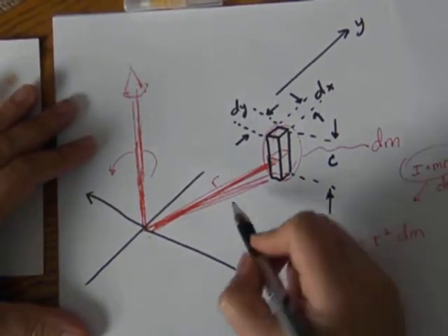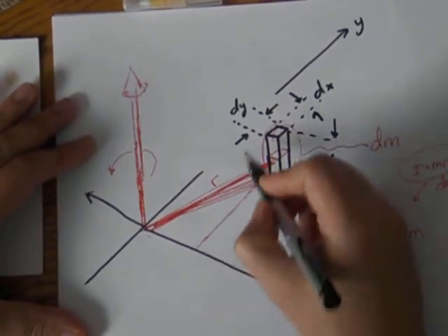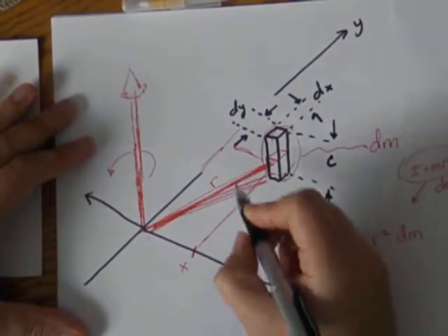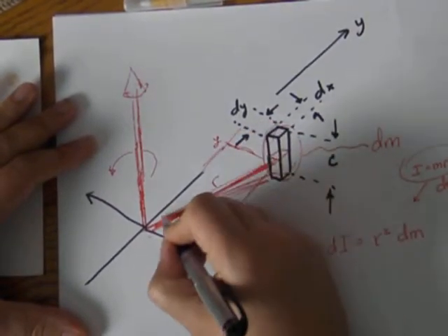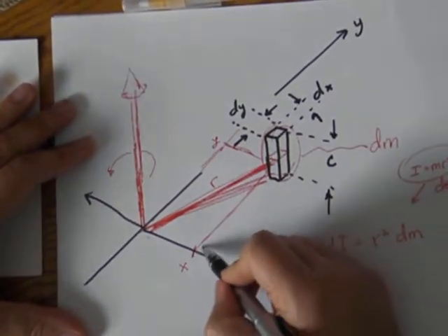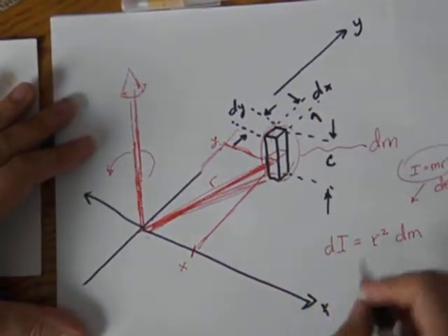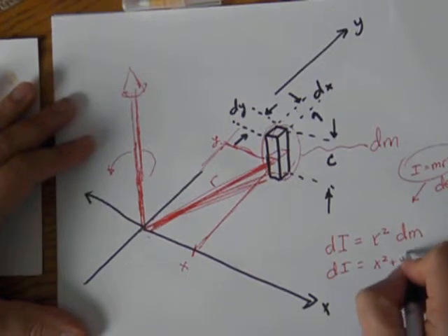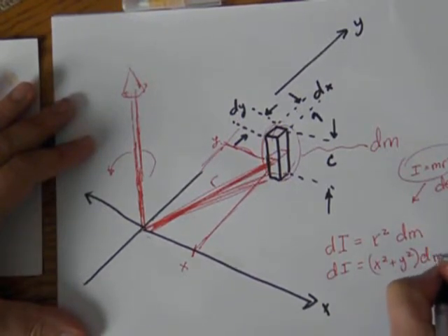We can replace r squared by noting, using the Pythagorean theorem, that r squared is just x squared plus y squared. So we can replace this with x squared plus y squared dm.